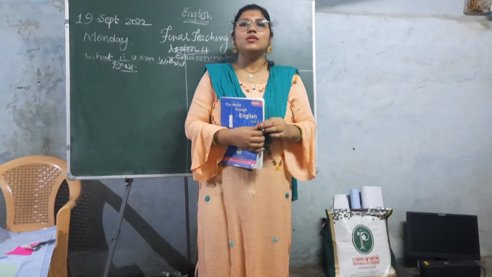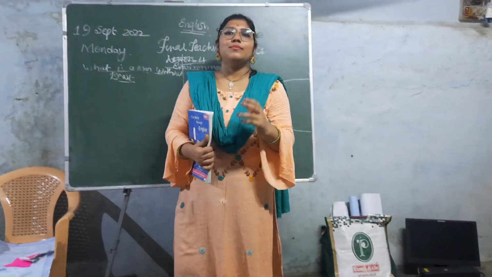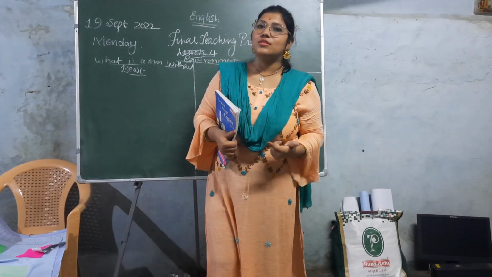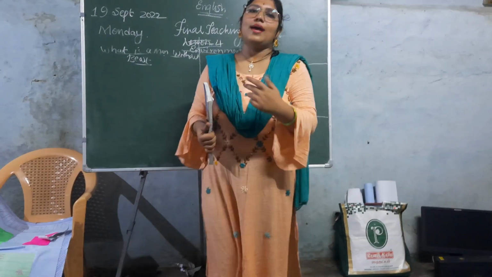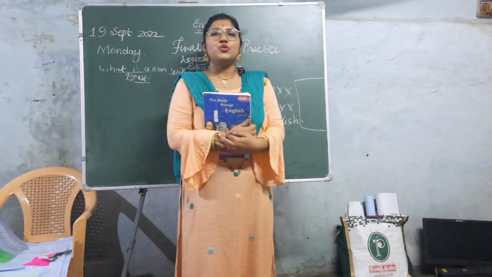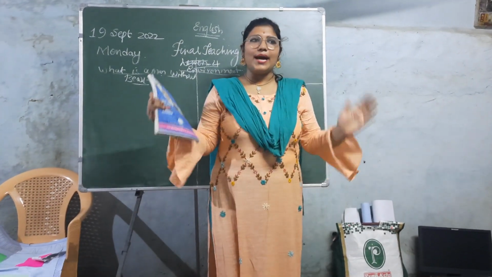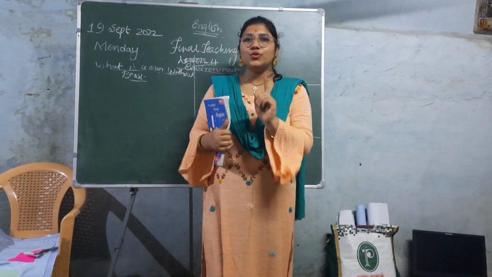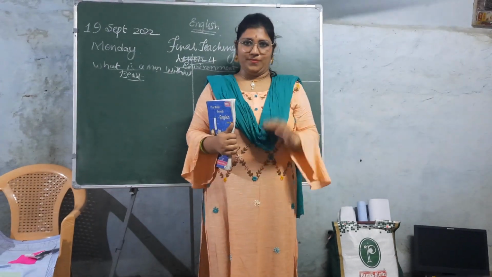Read the lesson, show the face sheet, read a paragraph, then ask them to underline the difficult words, then find the meanings from the glossary or from a pocket dictionary. Then give an activity. Now coming to your activity. Students, I want you to divide into groups. I want the class to divide into 4 groups. And I want you all to perform a skit on the protection of nature.